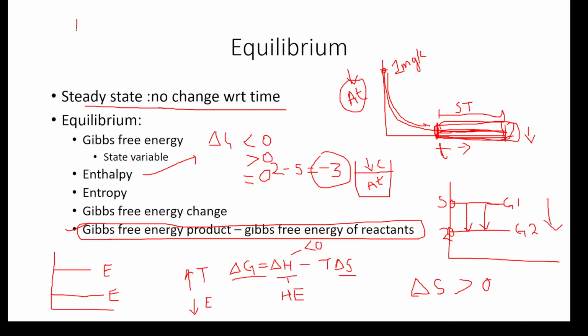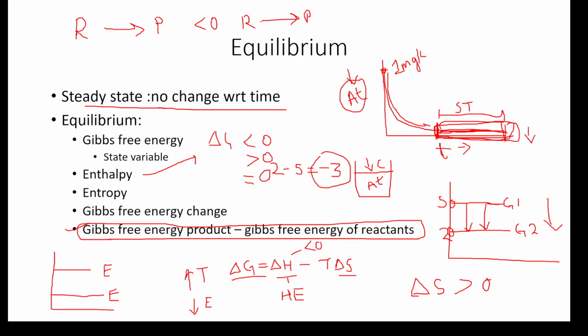For example, the reactant is going and forming product. So if Gibbs free energy is less than 0, it means surely all the reactant will go and form product.